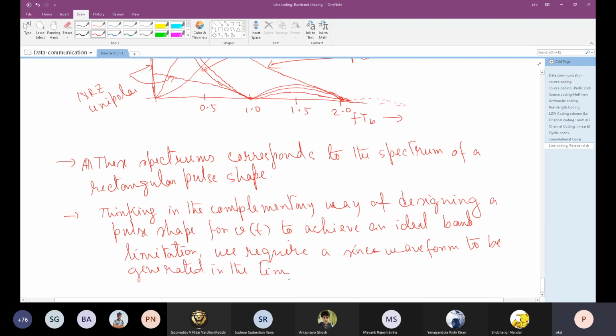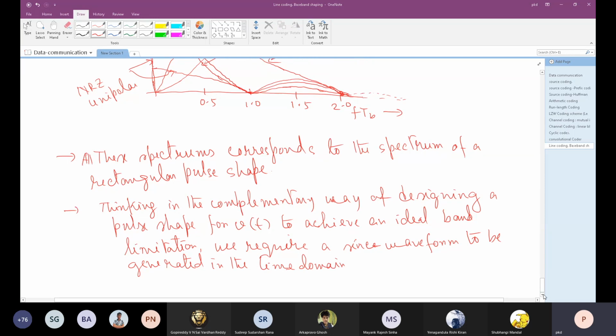Which is again not an easy task, because generally we can shape this pulse. Suppose we have generated a square wave from an oscillator, then we want to shape the pulse. To give the shape of the pulse, we have to pass it through a filter. So the problem now becomes to design a filter which will generate this shape of pulse.